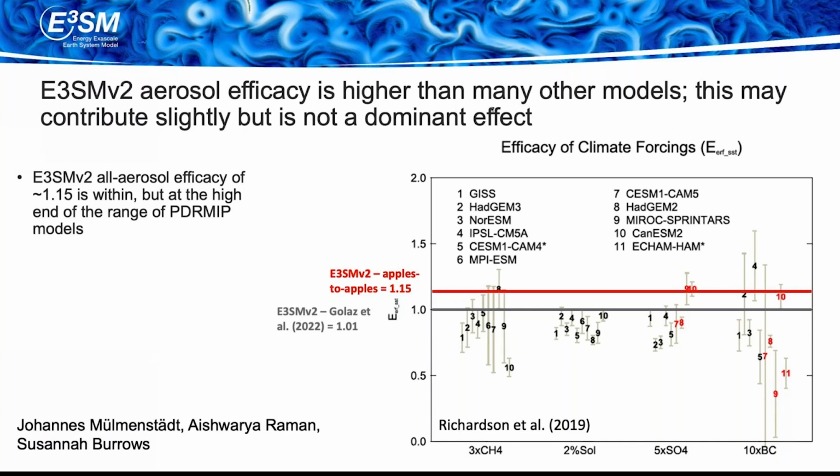And so we did find, with a more apples-to-apples calculation of the efficacy, that it was a bit higher than what had been calculated in Chris's paper, but still within the range of other models and not really an outlier. So we determined that that was probably not the main issue.